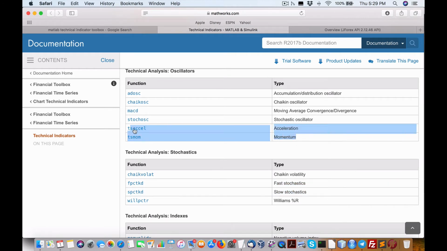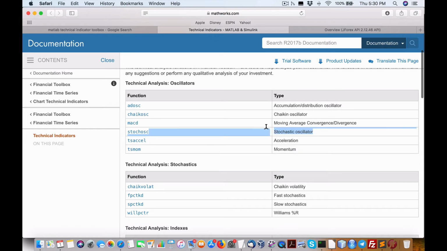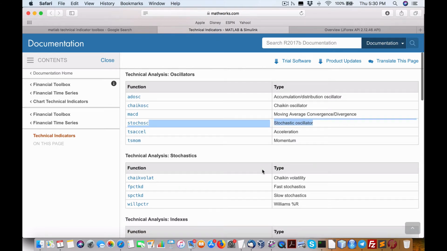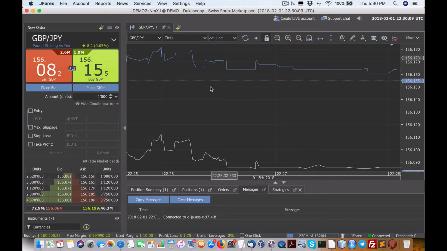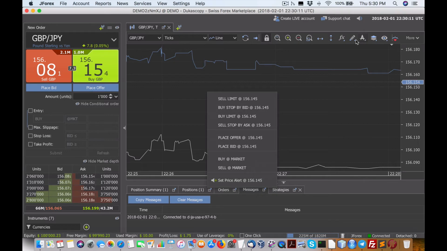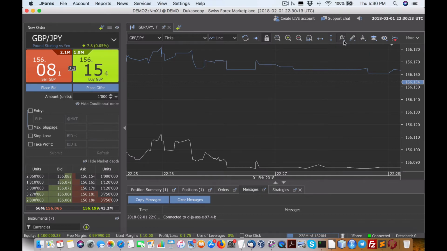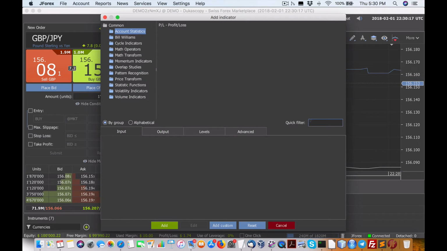These ones we looked at, I'm not too happy, but maybe the stochastics may be good. Okay, so let's add this one. What kind of stochastics we have?